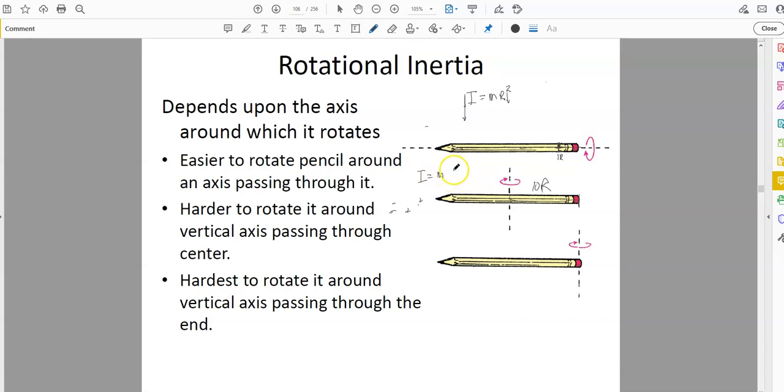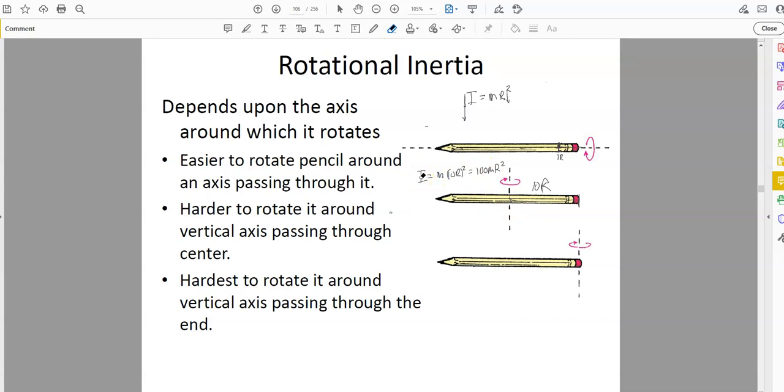So this is actually going to be 10r squared, which is going to be 100 times the moment of inertia. So it's going to be really, really difficult to spin this compared to this one. And I know it's just a pencil, but if it was a more massive object, this would be significant, right? Because mass is analogous to the moment of inertia too.